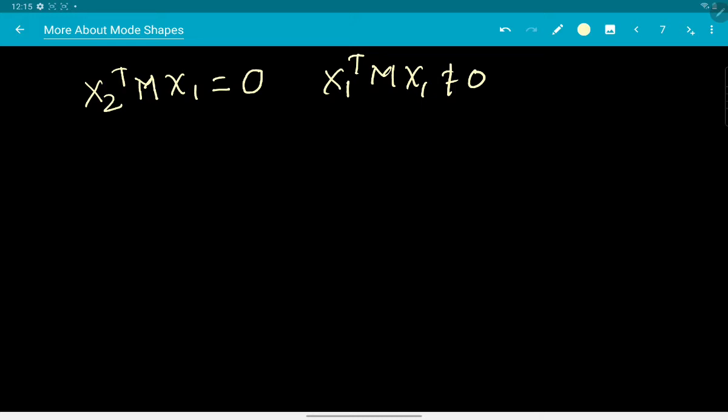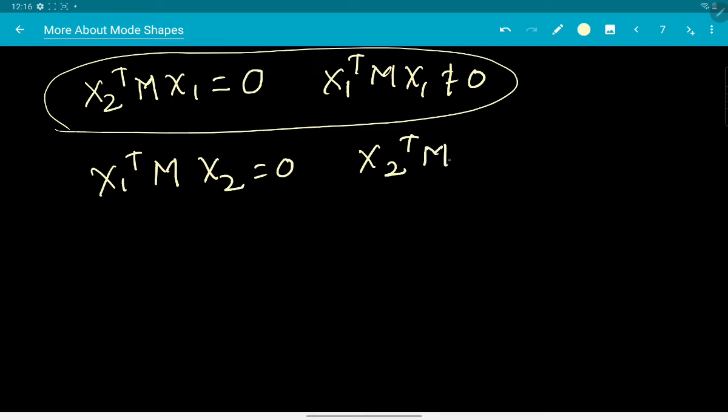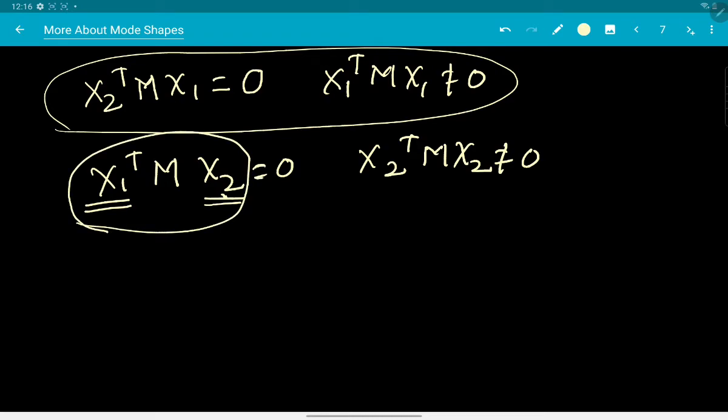Similarly, x1 transpose m x2 will be 0, but x2 transpose m x2 will not be 0. If the two mode shapes are not identical, this multiplication comes out equal to 0. Otherwise, it comes out equal to a scalar value.